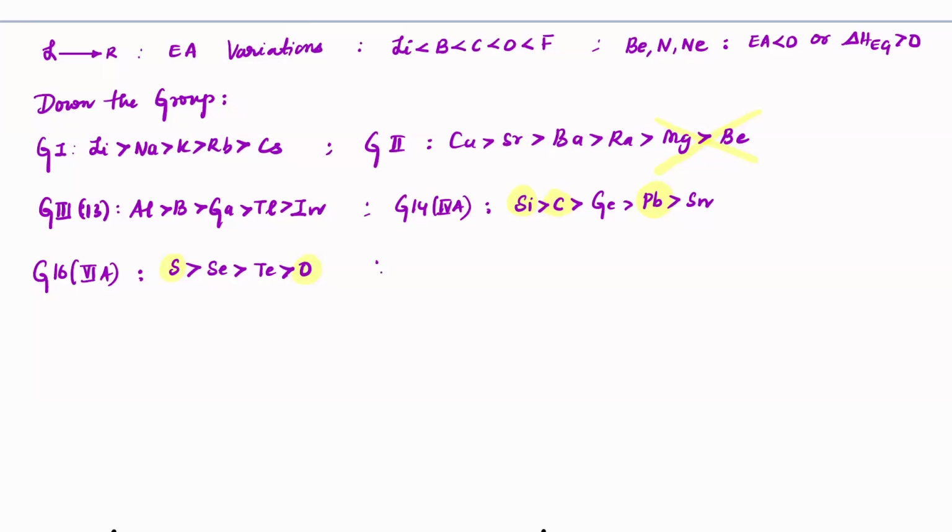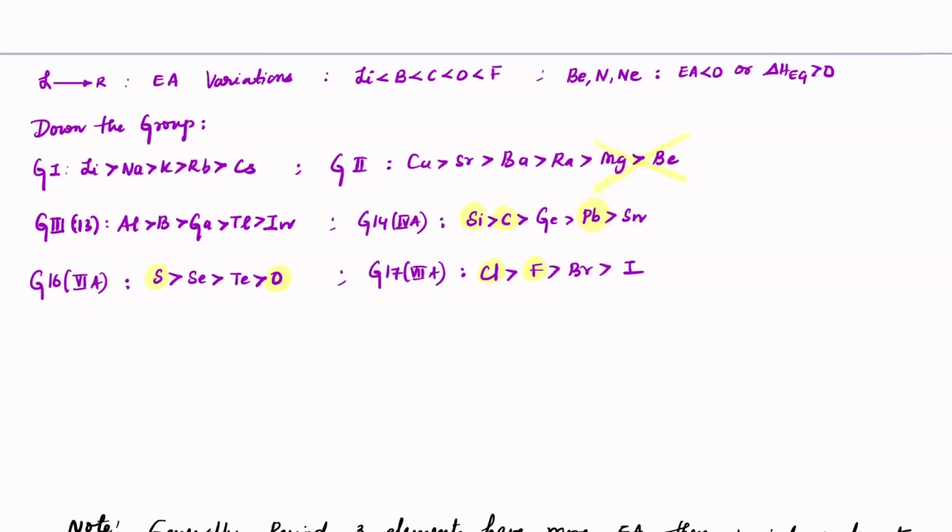And lastly, if group 17 is concerned, which is 7A, here you would notice that chlorine is greater than fluorine, then bromine, then iodine. So why did this variation between chlorine and bromine come across? So let us understand this logic here.